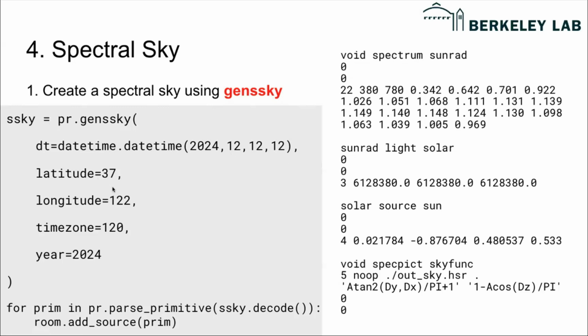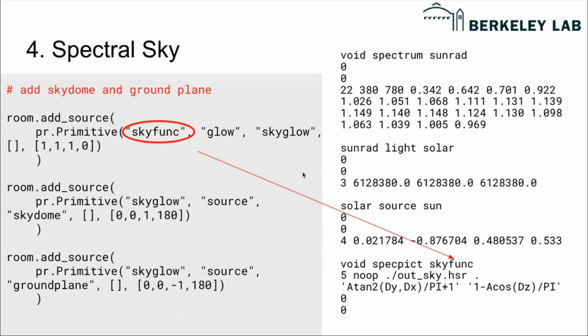By giving it latitude, longitude and time zone, gensky will give you the material definitions on the right. This gives you kind of the same thing that gendaylit will give you, and then using that skyfunc, you want to add your sky dome and ground plane, like how you would do in gendaylit.